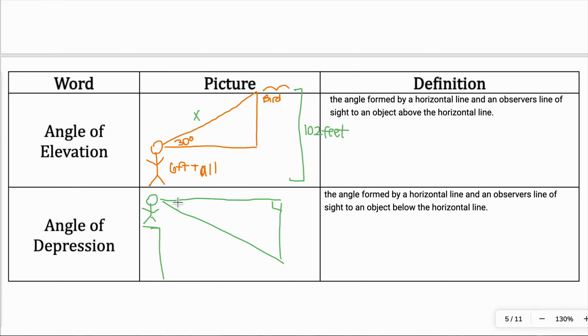So maybe they're looking down at a 40-degree angle and they're trying to figure out how far the other person they're looking at is down, or how far away they are from that person. Maybe you can say that this line could be 55 feet. So again, using that trigonometric ratio for there.